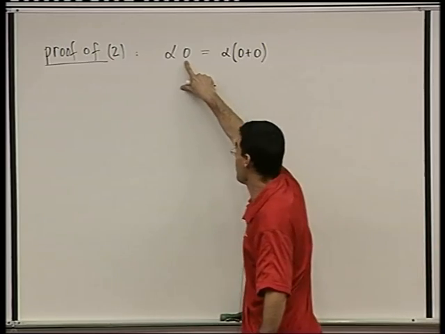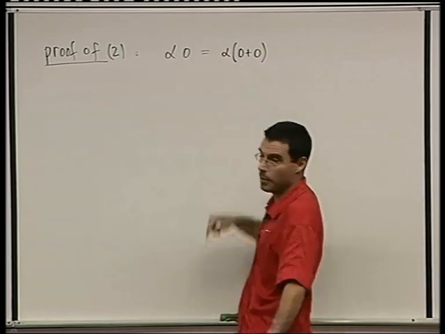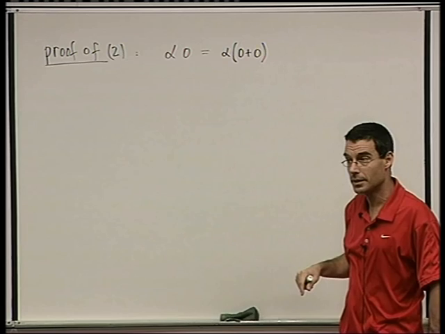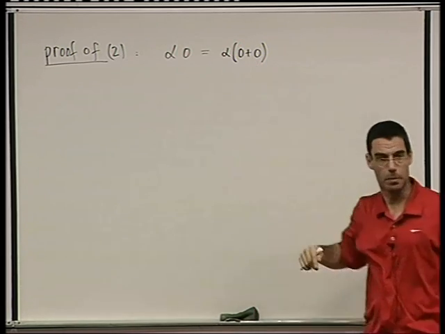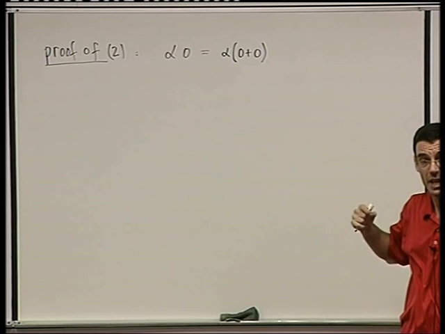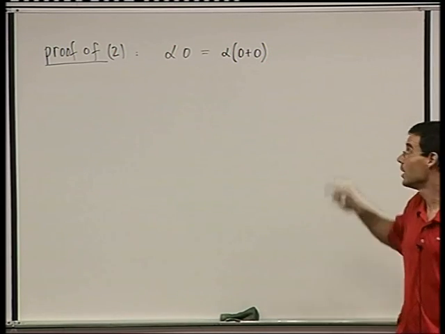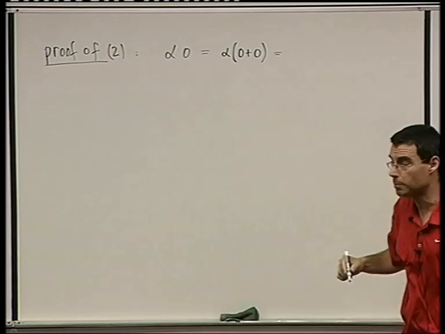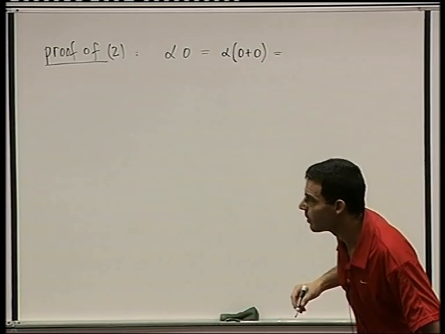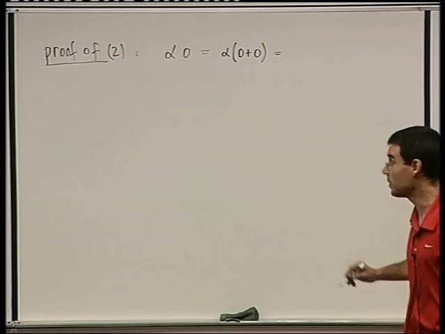So if you take 0 and add a 0 to it, you get 0 back. Do you agree? Okay? That's the property of the 0 in an abelian group. The property of the additive identity.